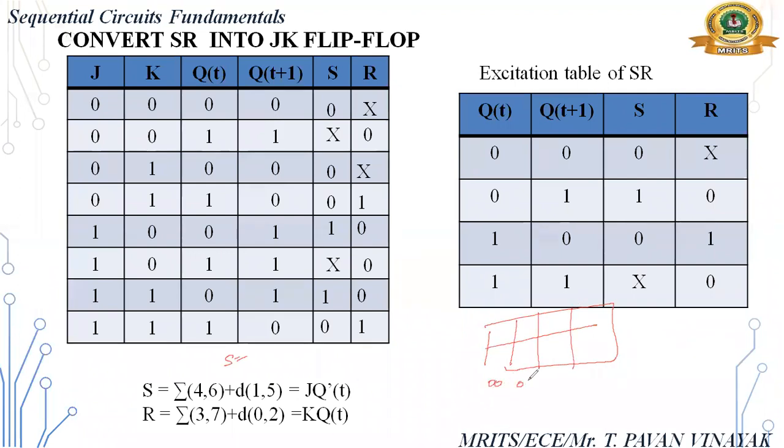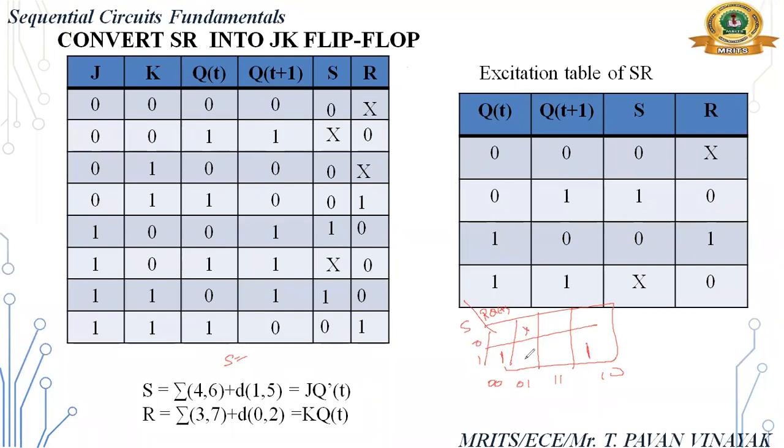So 0, 0, 0, 1, 1, 1, 1, 0. Next, inputs are what? S, R, Q of t. So this is 0. This is 4, this is 6. 1, 5 are don't care.